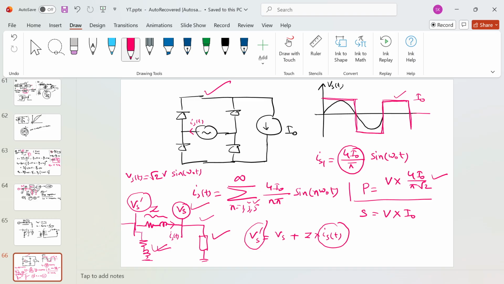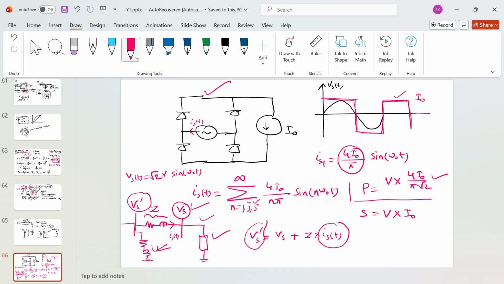So this bus voltage will also be impacted because of the non-linear load. And if any other loads are connected on other buses, it will impact the performance of those loads too. So we have to consider this effect also.